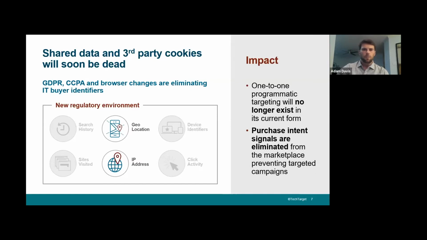And then, because third-party cookies were able to bring information about users along with them throughout their journey across different platforms and different placements throughout the internet, we're losing a lot of purchase intent data when the third-party cookies go away. We were able to tap into that information. We were able to understand who those people were, what they were doing. For anybody that was doing that in a third-party manner, that's all going away. So that's a real concern.